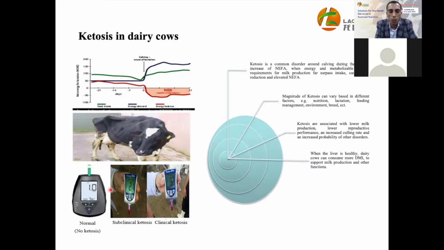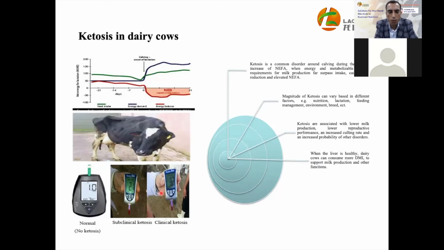Between 1.2 and 3 is the range of subclinical ketosis. When the concentration of beta hydroxybutyrate falls in this range, the cow has subclinical ketosis. More than 3 millimole per liter is clinical ketosis, which is severe for the dairy cow and leads to many problems.